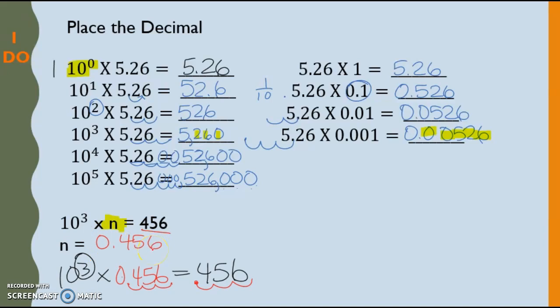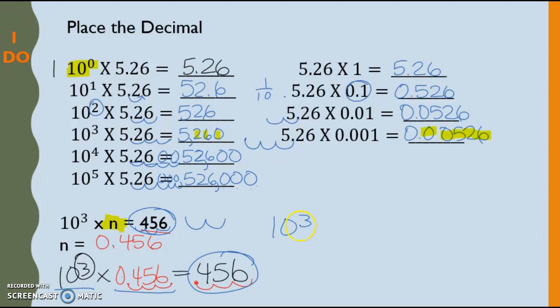Keep in mind, I moved the decimal point 3 times to the left this time because I'm saying 10 to the third power times some number will give me 456. What would give me 456? 0.456 times 10 to the third power would equal 456.